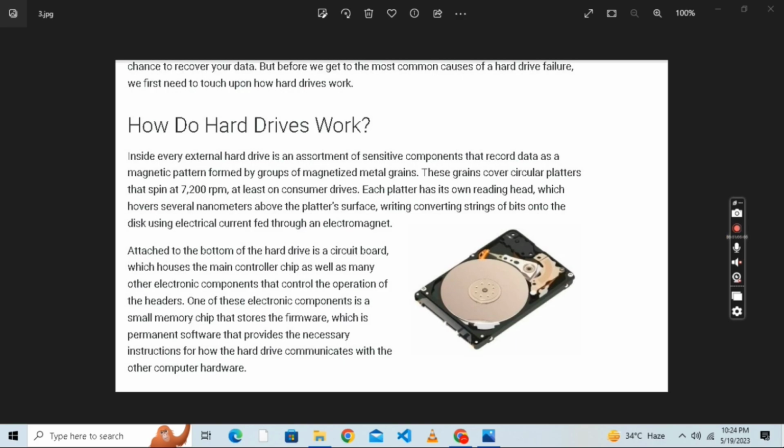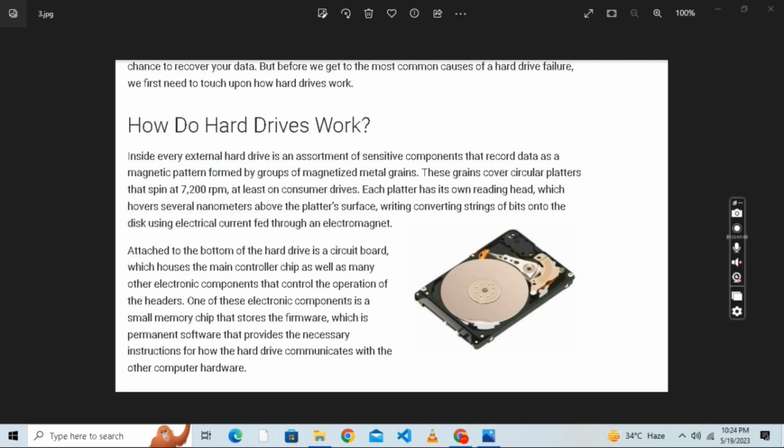At least on consumer drives, each platter has its own reading head, which hovers several nanometers above the platter's surface, writing by converting strings of bits onto the disk using electrical current fed through an electromagnet.